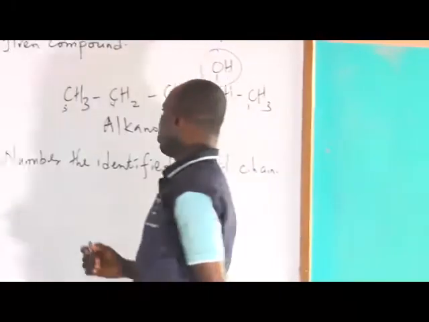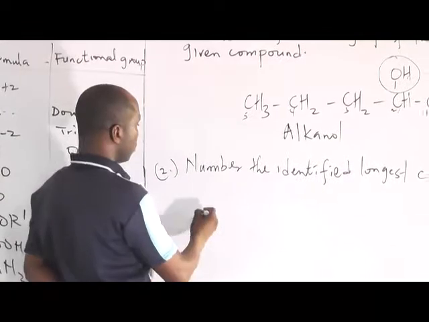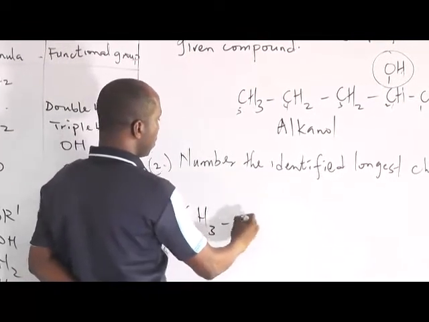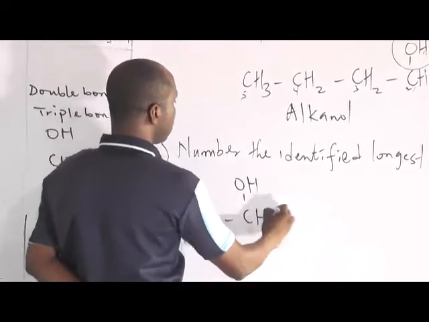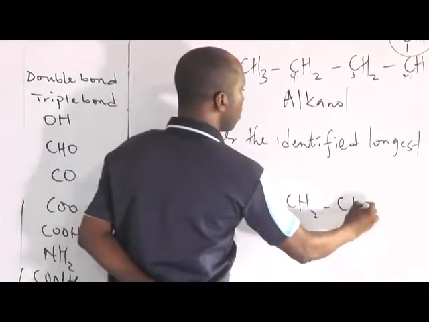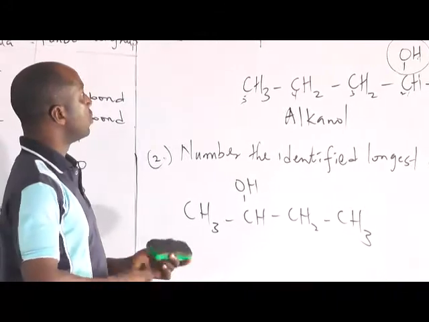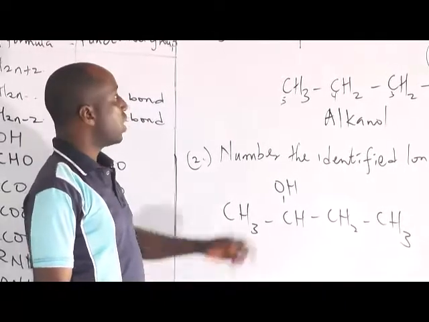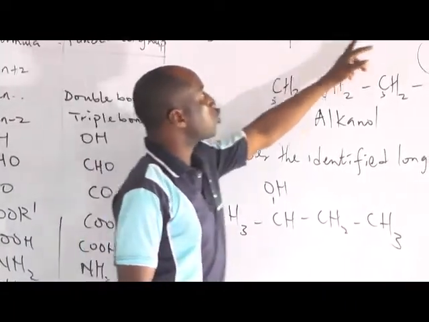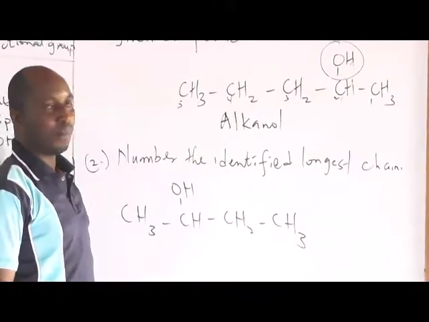Now look at another example. Assuming I'm having CH3, CHOH, CH2, CH3 now. Now let's start from rule number 1. Rule number 1 says, identify the functional group of the given compound.